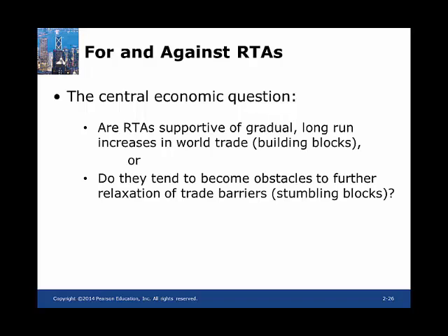There are arguments for and against regional trade agreements. The central economic question: are RTAs supportive of gradual long-run increases in world trade, building blocks, or do they tend to become obstacles to further relaxation of trade barriers?